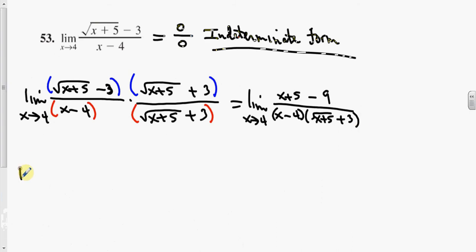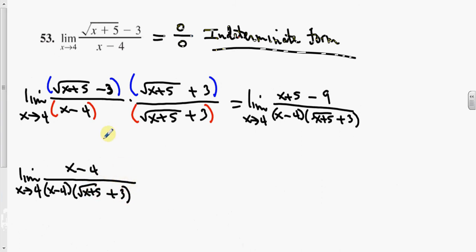When we simplify, the numerator is just x minus 4, all over x minus 4 times the square root of x plus 5 plus 3.